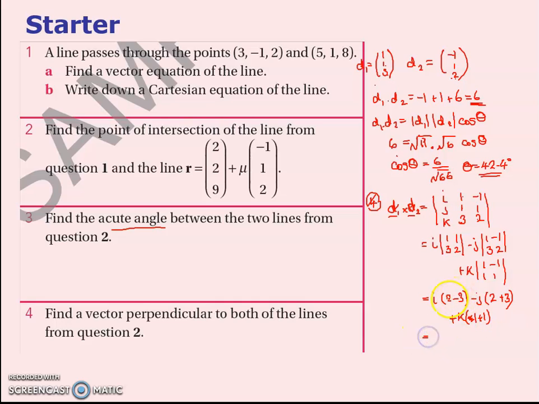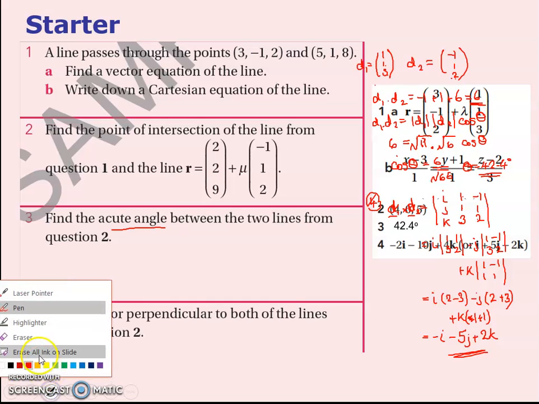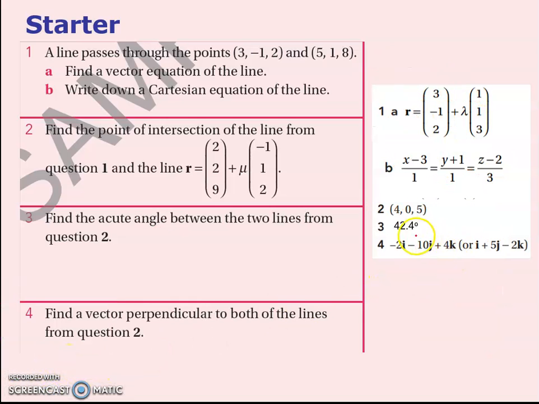So it's minus I minus 5J plus 2K. Right, let's just check my answers. Well, I think just about, yeah, that's my answer underneath there. If I was to zap the screen, hopefully you can see that my answers from before kind of work.